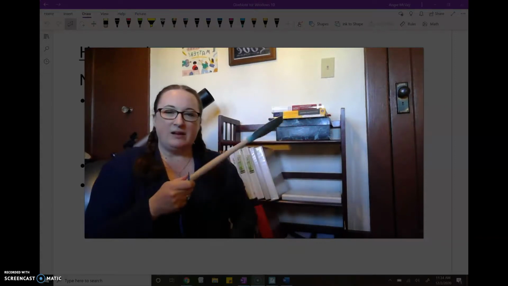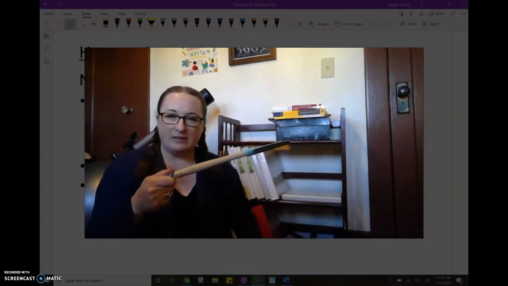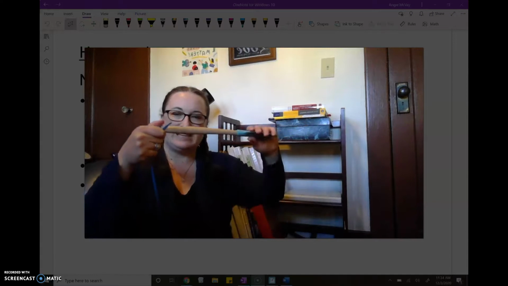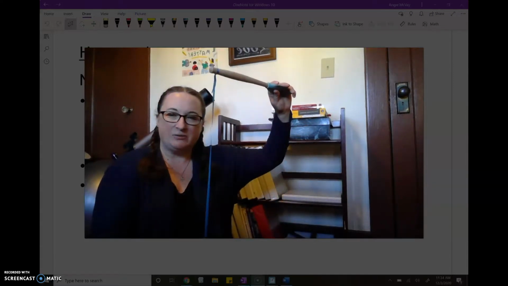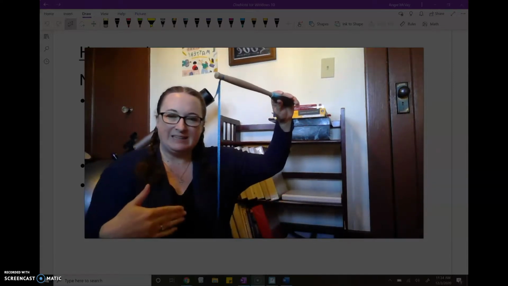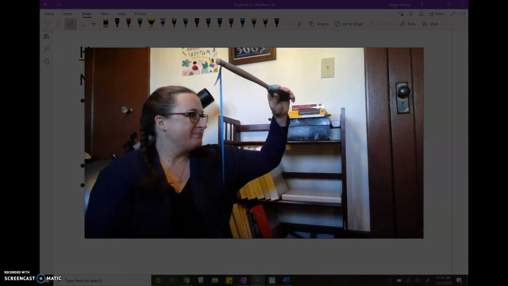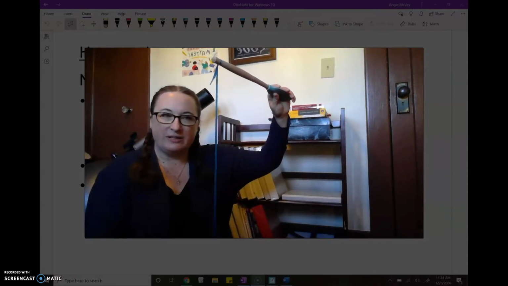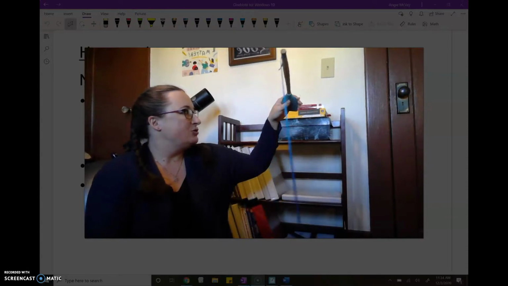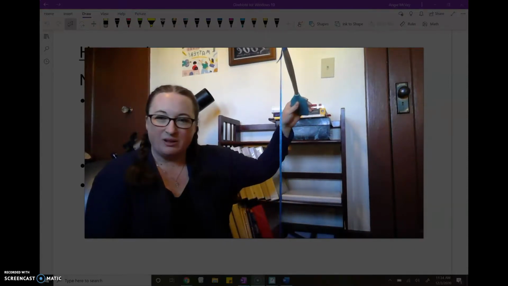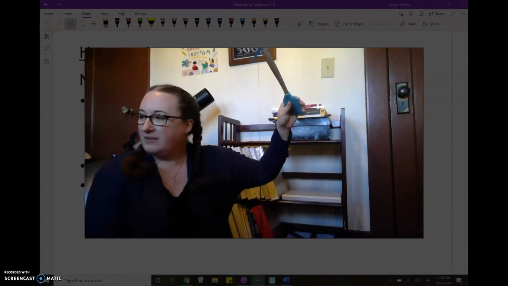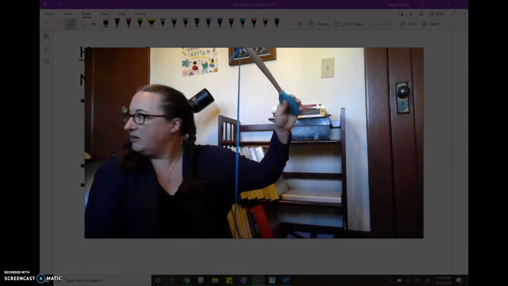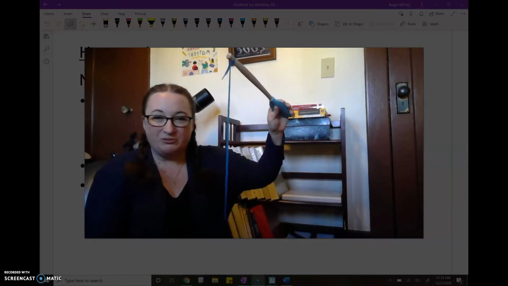All right, and then I was looking around for some way to get my string to stick out so it wouldn't hit the wall or shelf or anything. First I considered a doorknob, but I didn't think my doorknob stuck out far enough. And then I tried a golf club, but that stuck out too far.